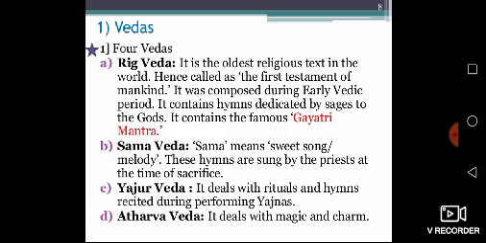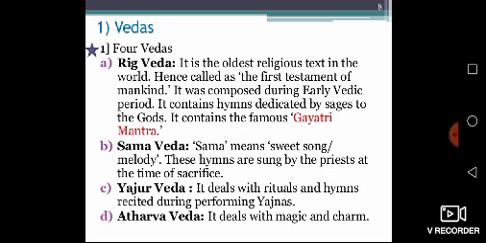Then Yajurveda, the third Veda. It deals with the rituals and hymns recited while performing yajnas. We know the yajnas, when the rishis or munis sit surrounded by a fire and perform rituals. That is yajna performed by the priest.